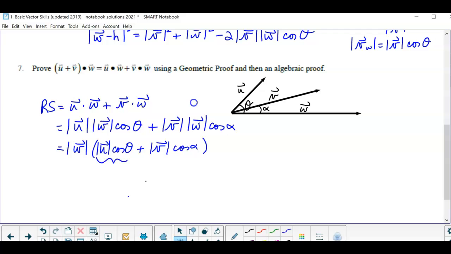If we draw the triangle down to U, U cos theta is going to give us this vector here. Talking about the projections, that vector there is U projected onto W. So we can replace this with vector U projected onto W. Then for V, in a different color down here, magnitude of V cosine alpha is this vector here, which is V projected onto W.